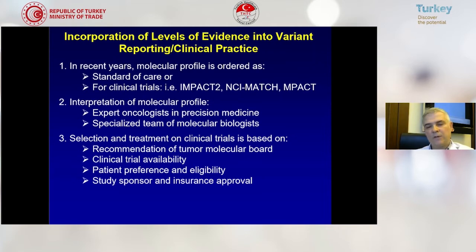I have seen in one report that you have a lot of clinical trials running in your country. Interpretation of the molecular profile requires expert oncologists in precision medicine and a specialized team of molecular biologists. Selection and treatment on clinical trials is based on the recommendation of the tumor molecular board, clinical trial availability, patient preference and eligibility, and study sponsor and insurance approval.